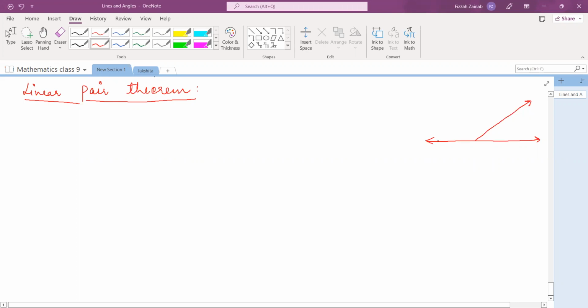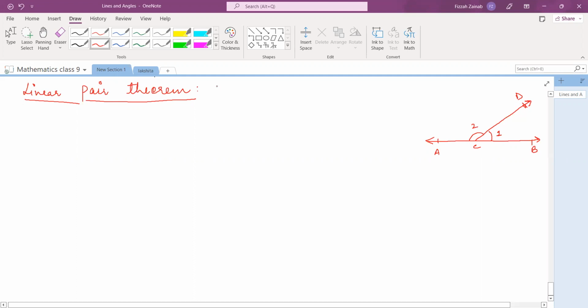Let's say this is a line AB, and there's a ray CD standing on it. Now, what does the theorem say? The theorem says that the two adjacent angles, angle 1 and angle 2, the sum of angle 1 and angle 2 will be 180 degrees. Is this clear? Okay.